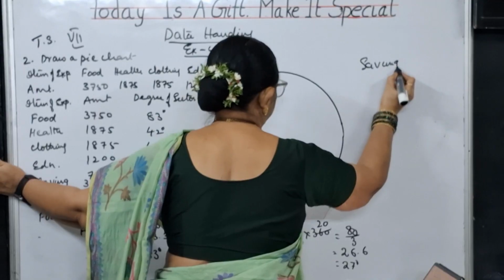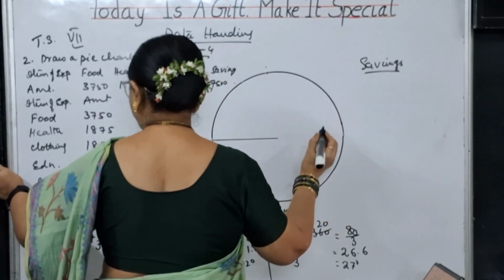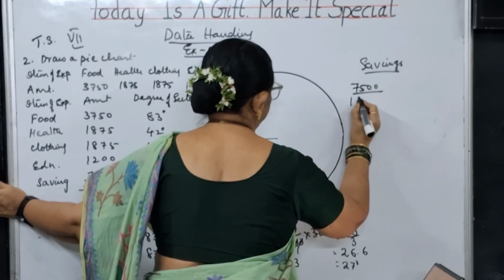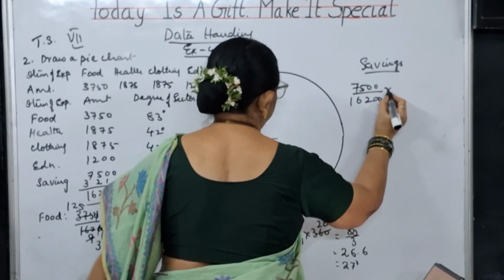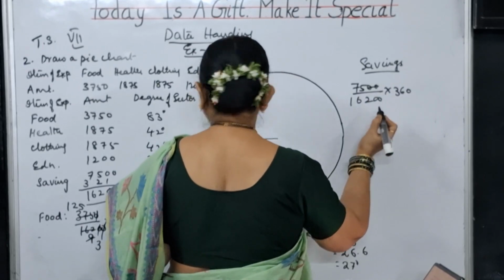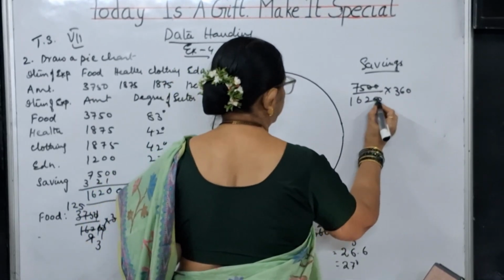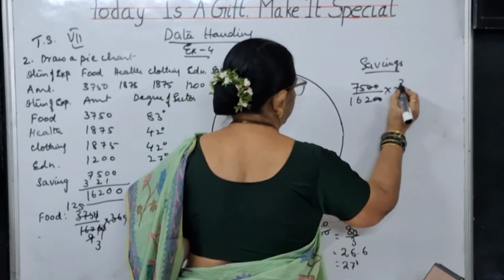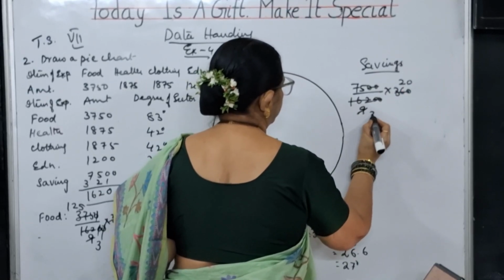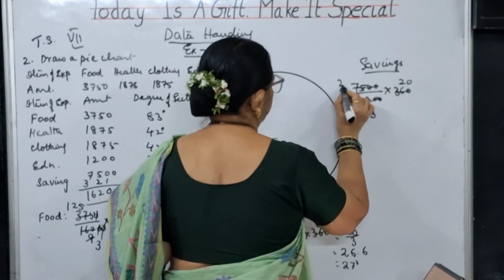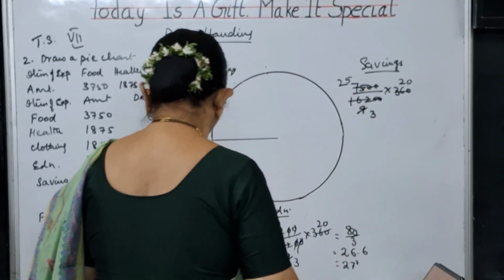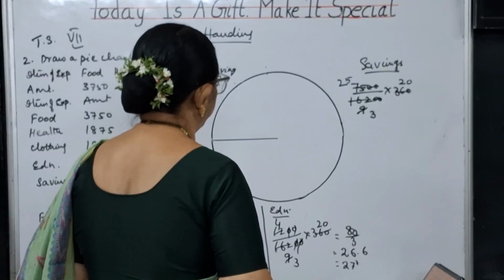Now we'll be talking about savings, children. Savings: 7,500 by 16,200 into 360. So 2 zeros will get cancelled. 18 twos are, 18 nines are. 3 threes are, 3 twos are 6, 3 fives are 15.